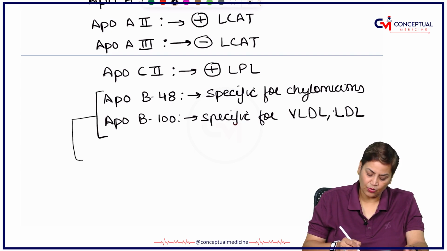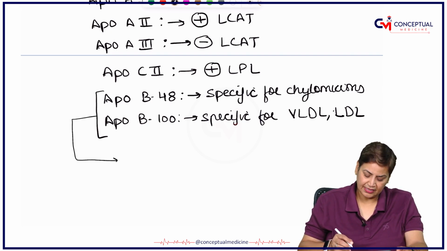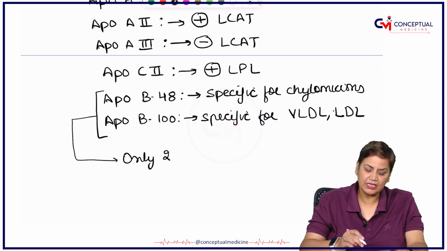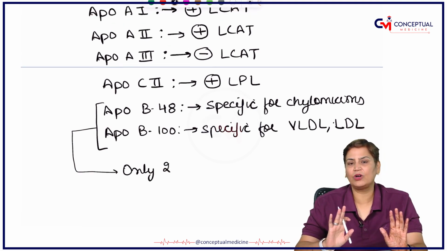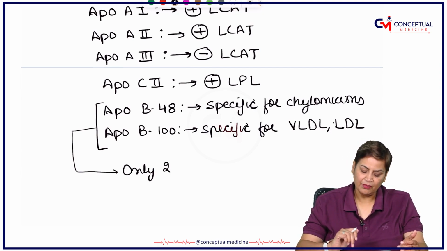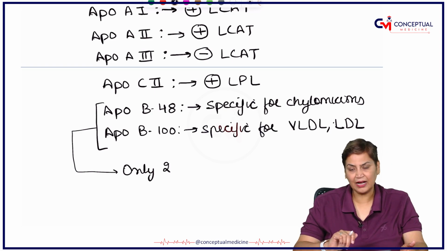Because they are the only two apoproteins, I would say. For the rest, in all the apoproteins, I have not given any number beyond A1, A2, A3, C1, C2, but here we are writing 48 or 100.